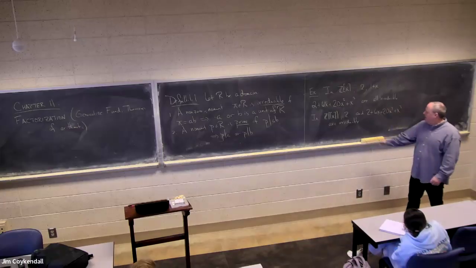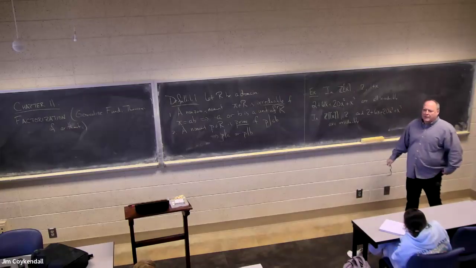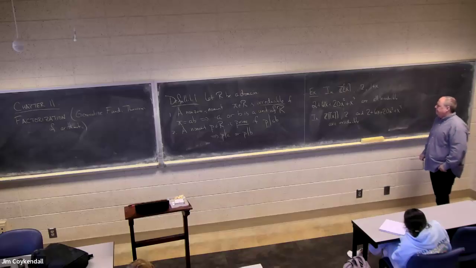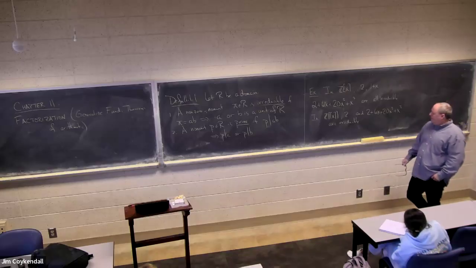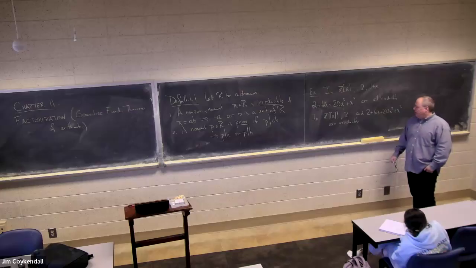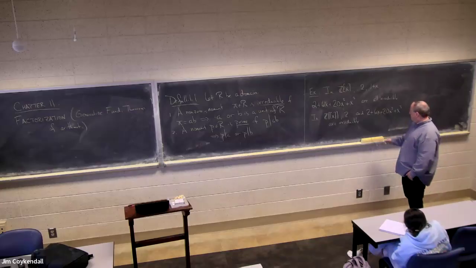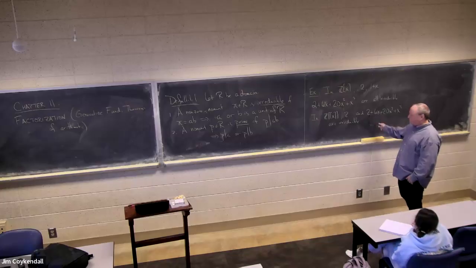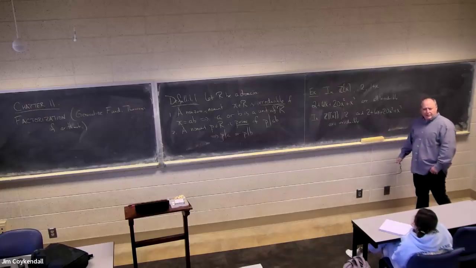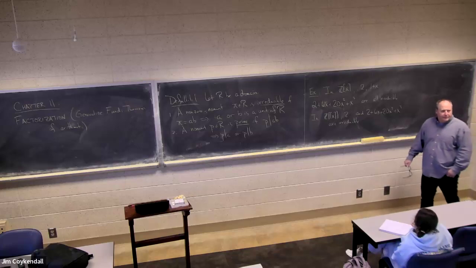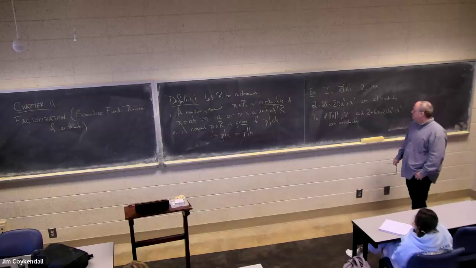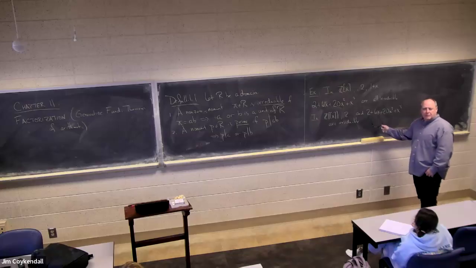Actually, it turns out in the power series ring Z[[x]], 2 plus x is still irreducible as well, like it is in the polynomial ring. Can anybody give me an argument why this one is irreducible in the power series ring?